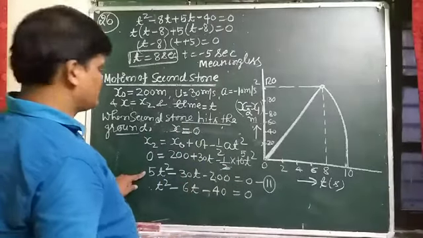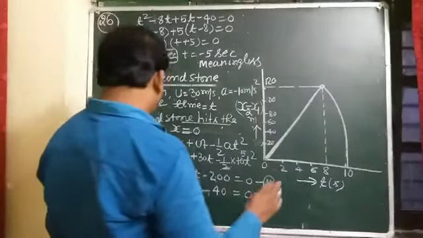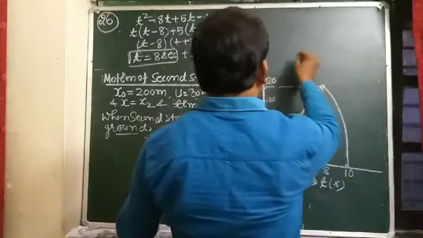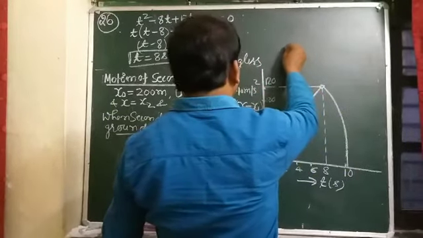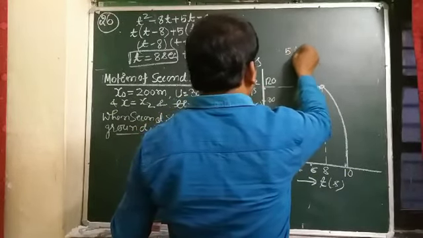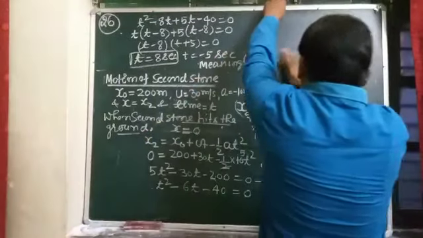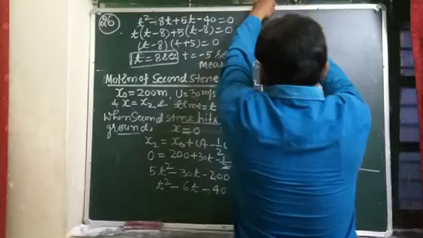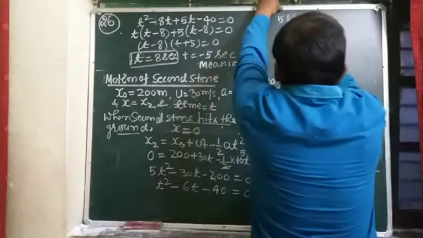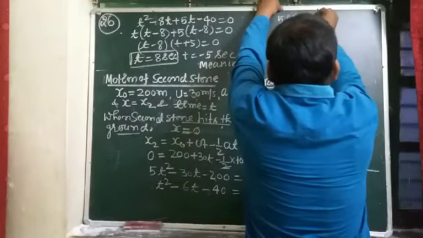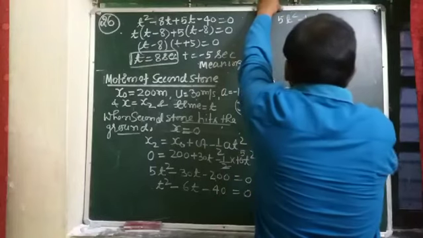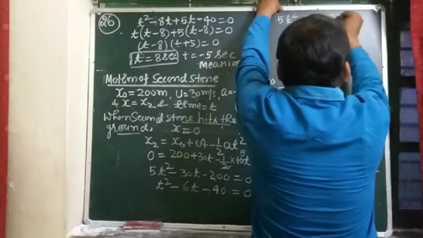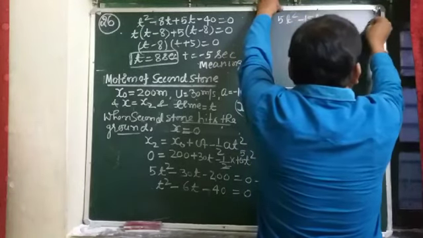When the first stone hits the ground, the equation we have already written here comes out as 5t square minus 15t minus 200, which is 0, and this is equation 1.